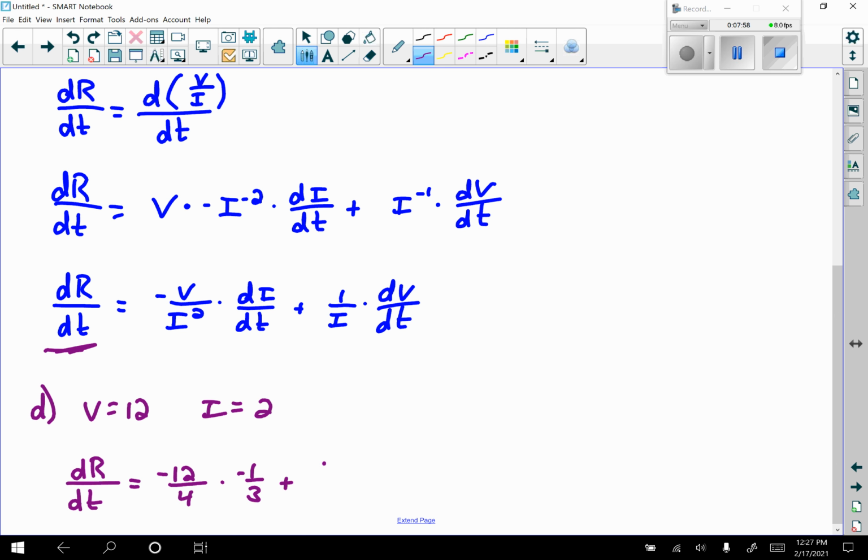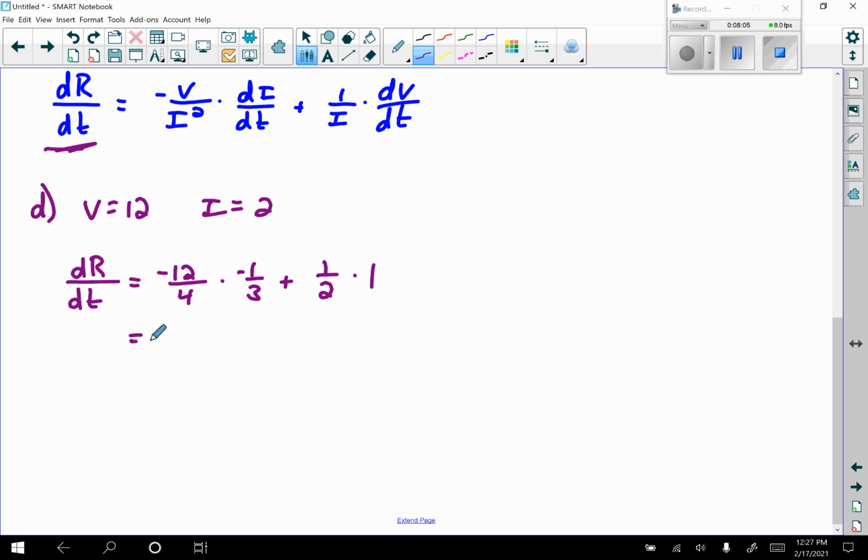And then 1 over I, so that's 1/2, times dV over dt, that was 1. So this gives us 12 over 12, so that's 1, plus 1/2, so we get 1.5, or 3/2. And R was given in ohms, so this is ohms per second.